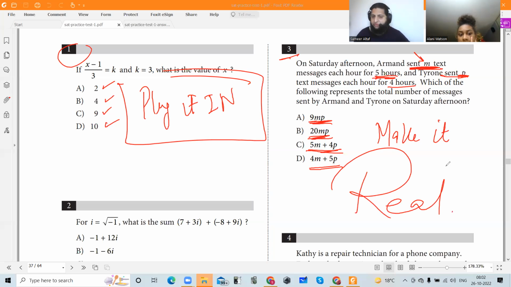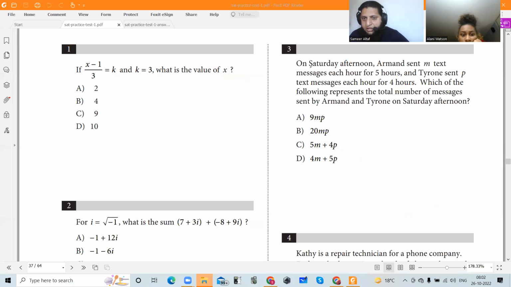Make it real means take some real values for m and p, check what the actual number of messages is, and plug those values of m and p into the options and see where you get the answer.